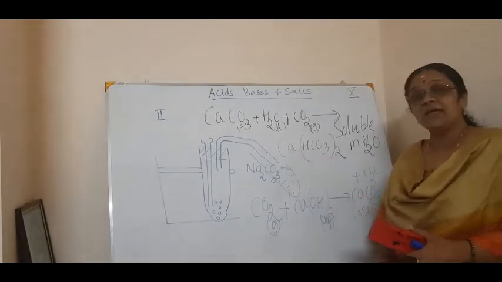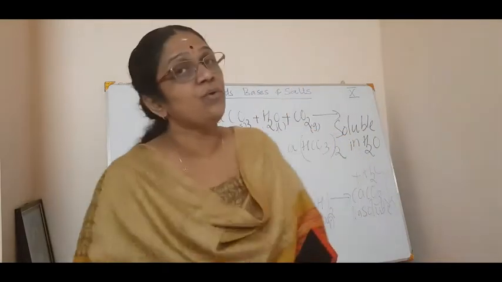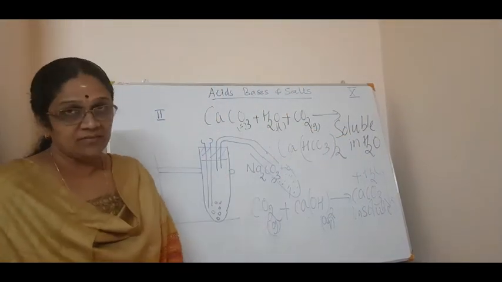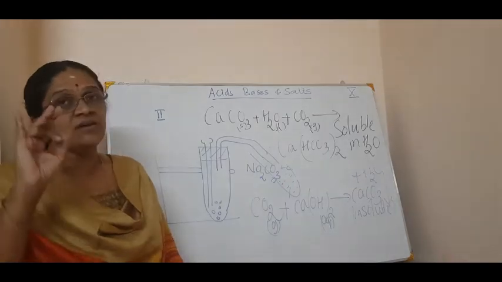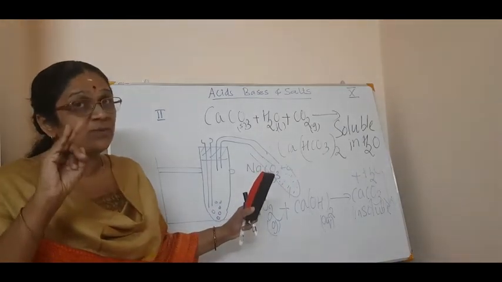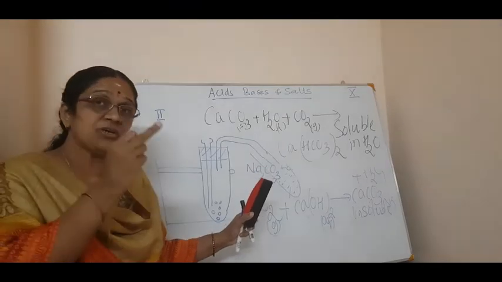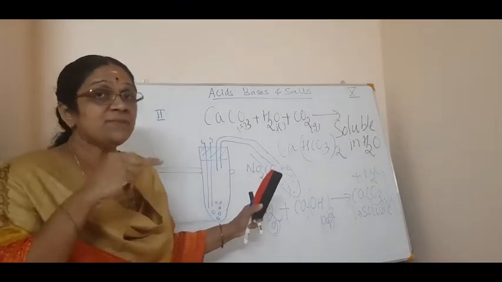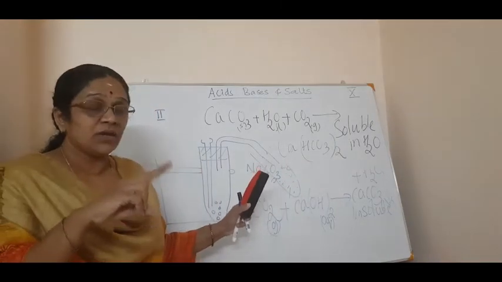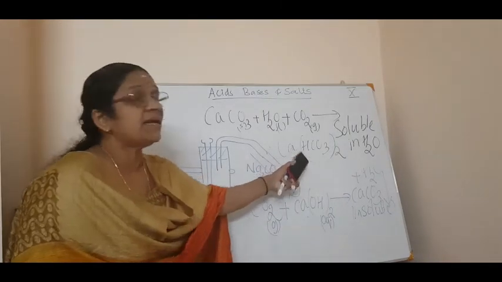So, this is the experiment. What you have to do is write this activity in your science notebook in 3 forms. First is the experimental part. Second is the observation part. There are 2 observations: one is the formation of calcium carbonate, that is the precipitate, and the second is the formation of soluble calcium bicarbonate.